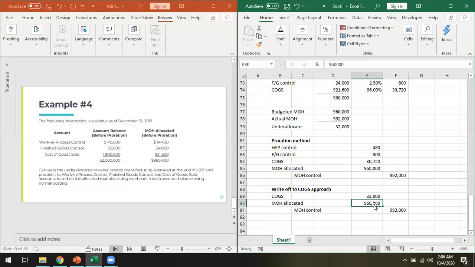However, cost of goods sold gets an additional $32,000 because of the under allocation of manufacturing overhead cost. Okay, so that's it for the brief summary of this chapter. I will give you another exercise after this.